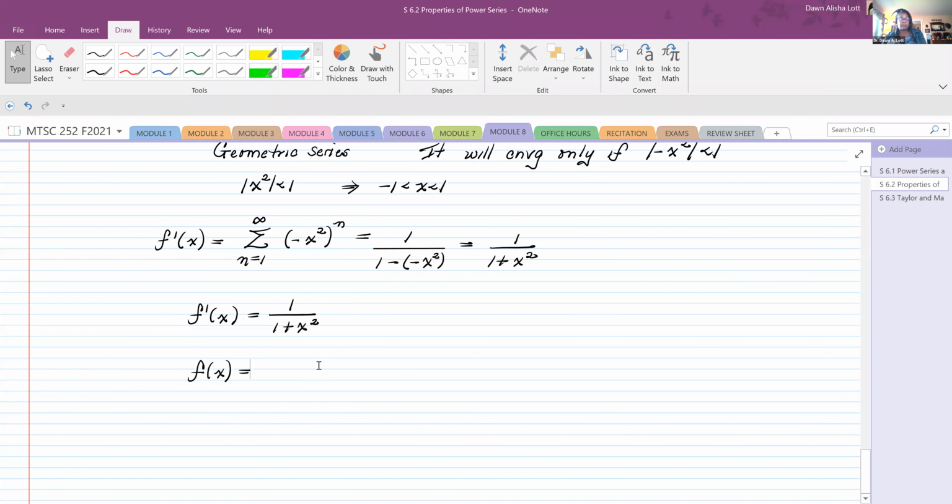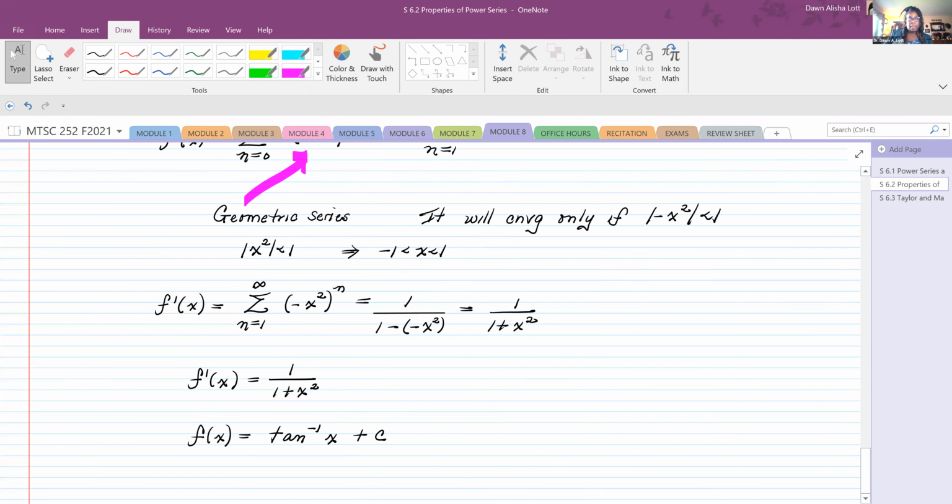Hey, guys, y'all gotta know this. Tan inverse. Okay, thank you. So this is going to equal tan inverse of x plus a constant. So now we know what that series is. That series is tan inverse. Okay, awesome.